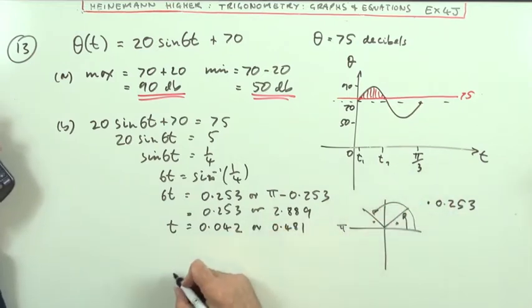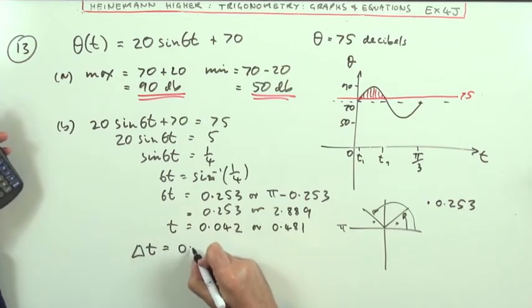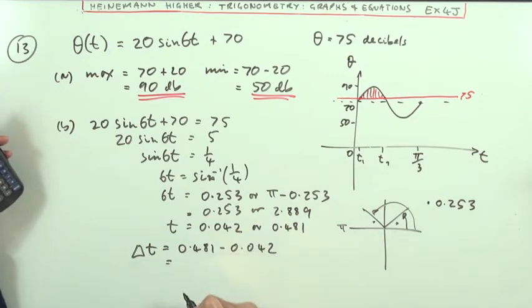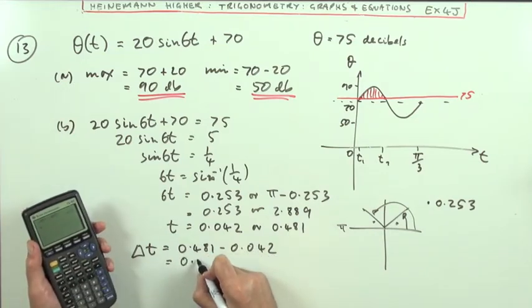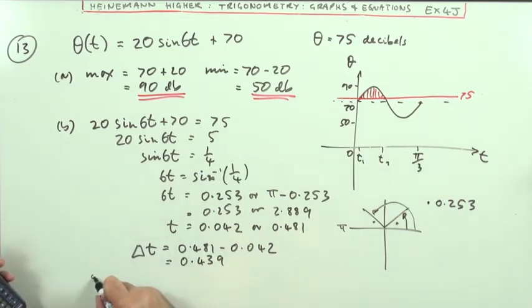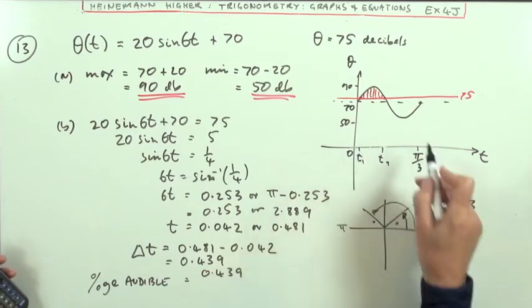I've done it in radians now. So to work out the difference in time, I've got 0.481 minus 0.042, which is 0.439.